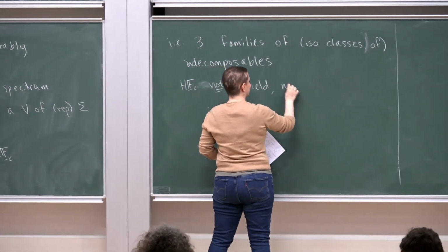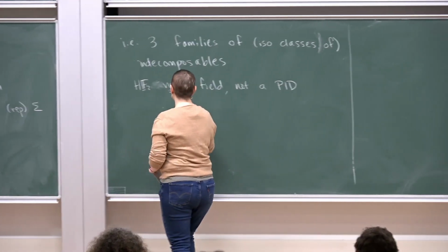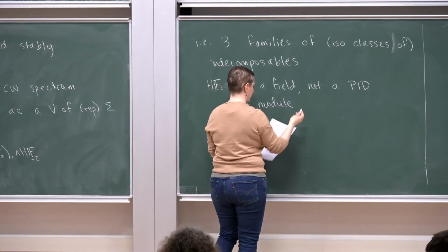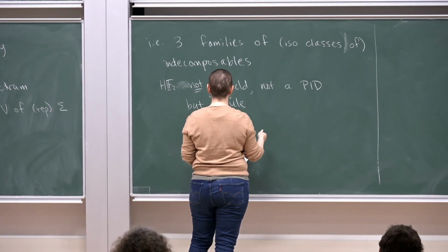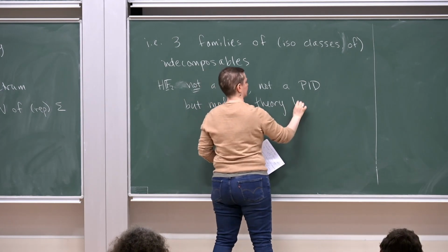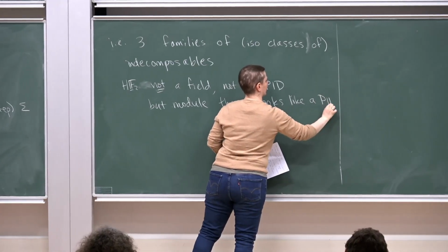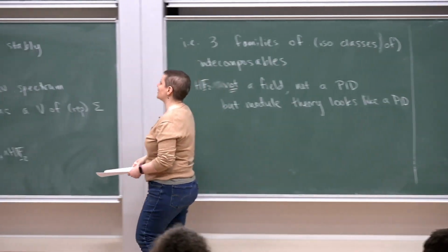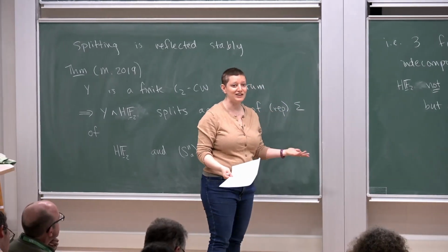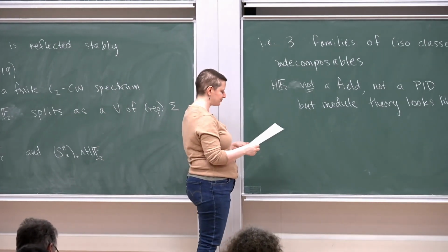And it's not even a PID, it's not a graded PID, but the module theory looks a lot like finitely generated modules over a graded PID. Right, if I talk about indecomposables of Z modules, then there are infinitely many, but I can describe them by their prime powers.